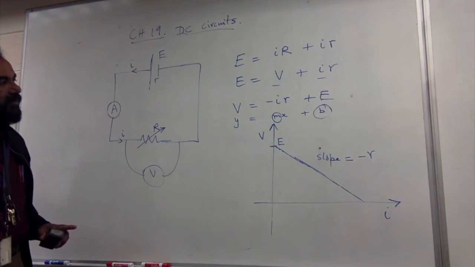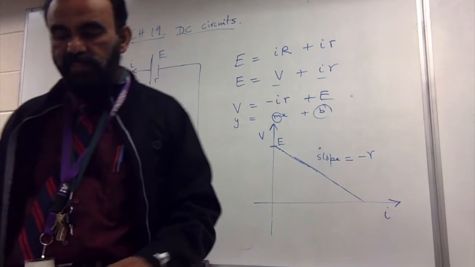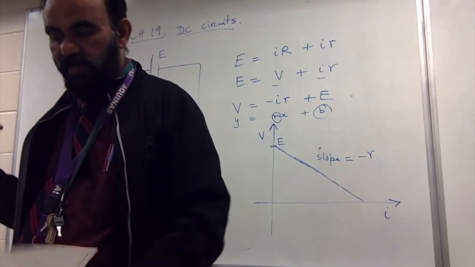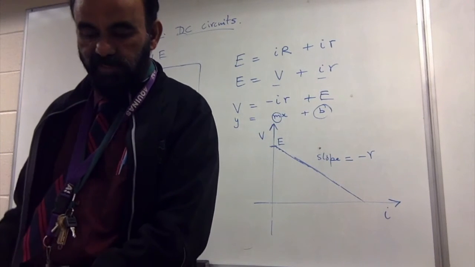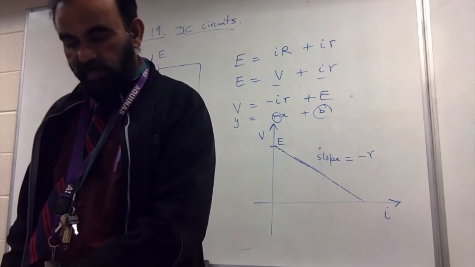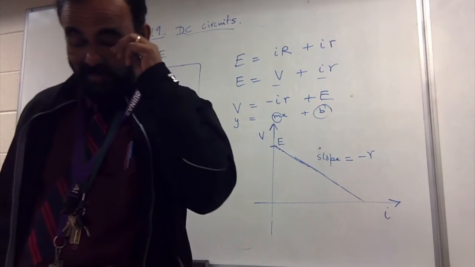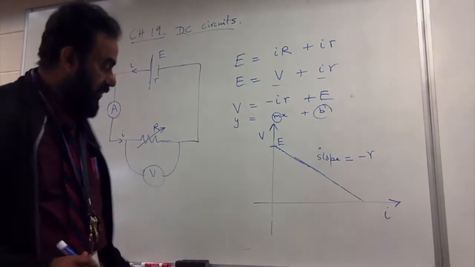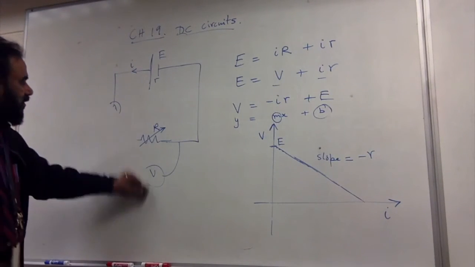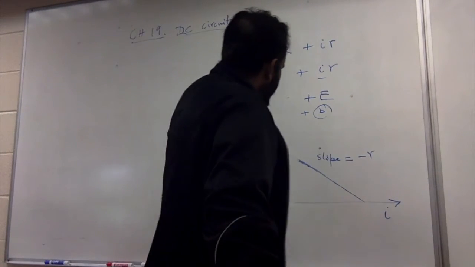Okay, so a basic DC circuit is supposed to have an EMF, and you know the factors affecting the internal resistance now. And resistors in parallel and in series, we have done that last year. You can go back and check your notes. I'm just going to write down the expression.